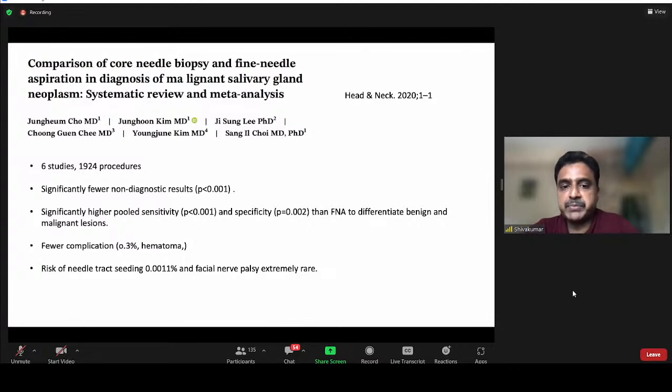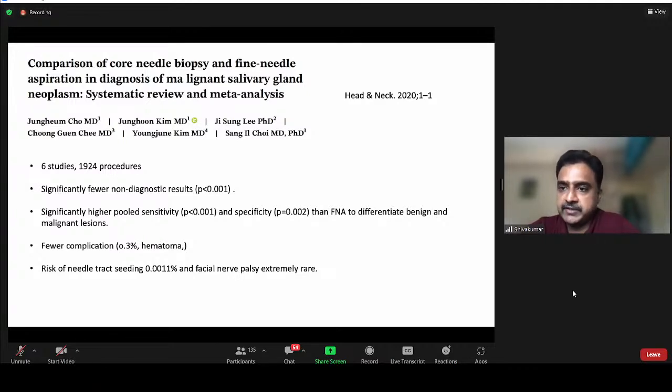It had better sensitivity and specificity compared to the FNA, and fewer complications. Out of these close to 2,000 patients, only 3 patients, that is 0.3%, had a documented hematoma, at least in the reported literature, and only 1 required some sort of surgical intervention. And the risk of needle tract seeding is pretty minuscule.